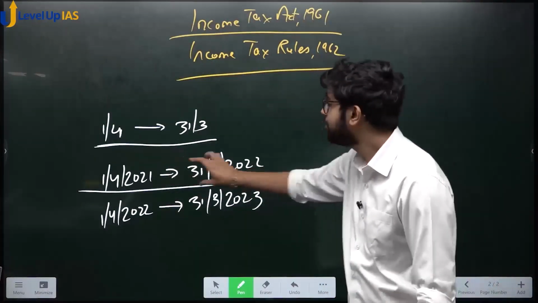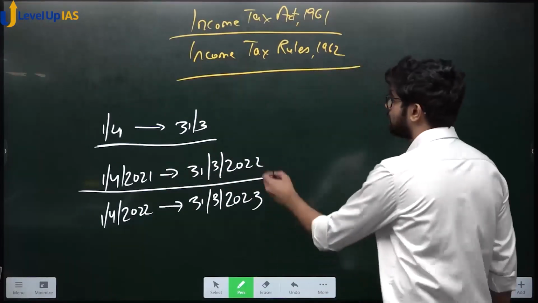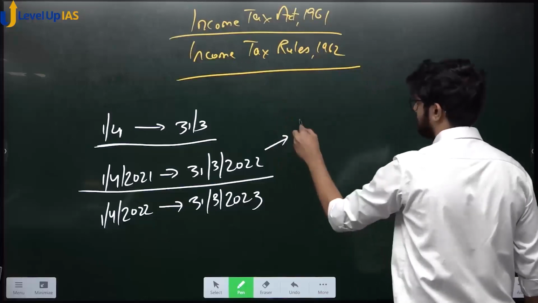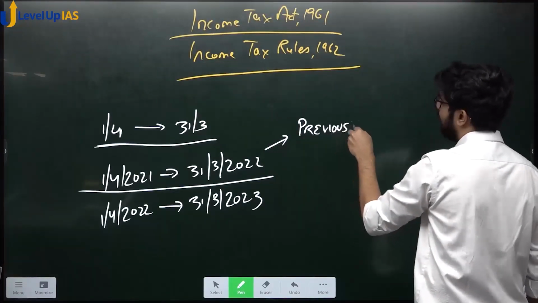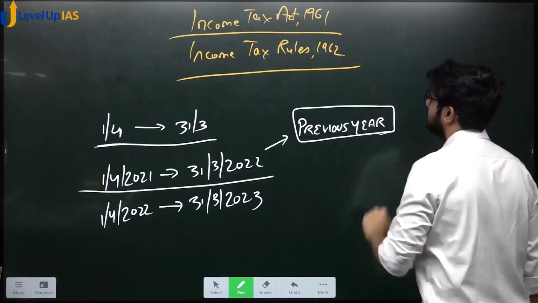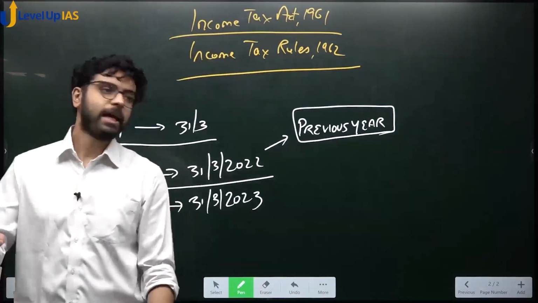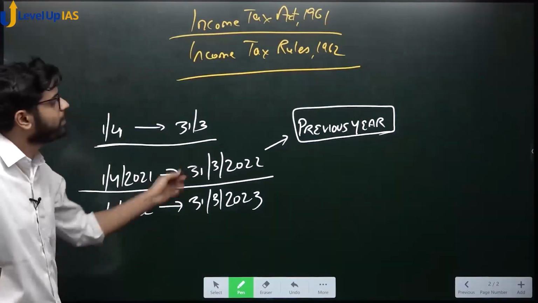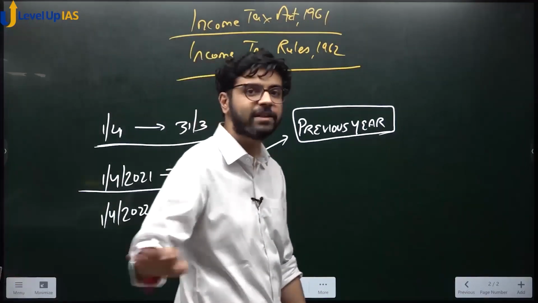The year in which you earn the income is called the previous year. I know in English it doesn't make any sense, but that is how it is. It is called the previous year.